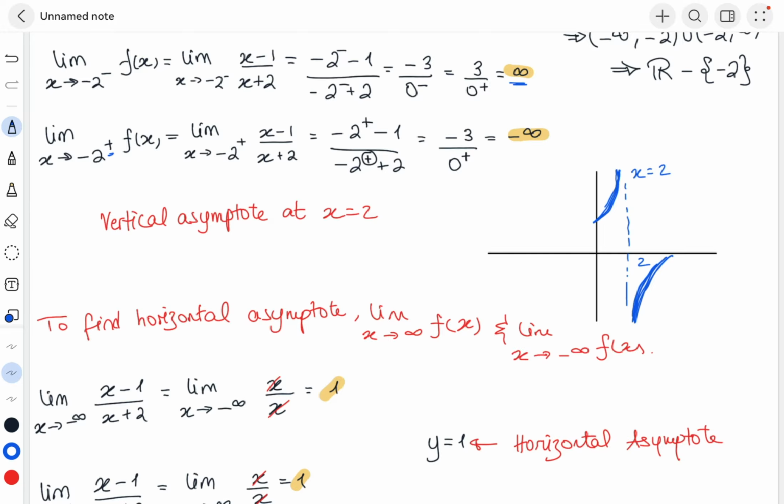We have y equal to 1, which means approximately here. We need a more accurate value to make a better graph. As it goes to infinity, our function is approaching 1 from here and from here. So this is a sketch of the function x minus 1 over x plus 2.